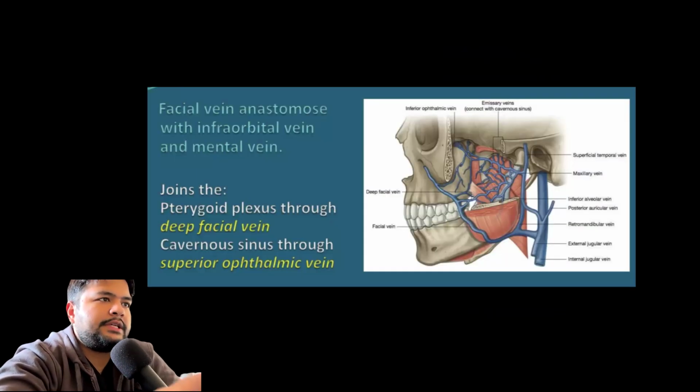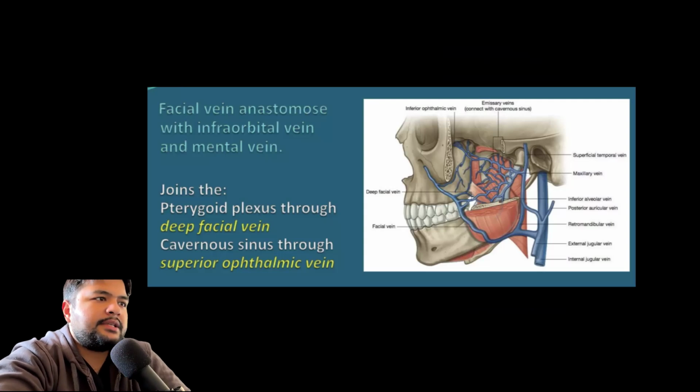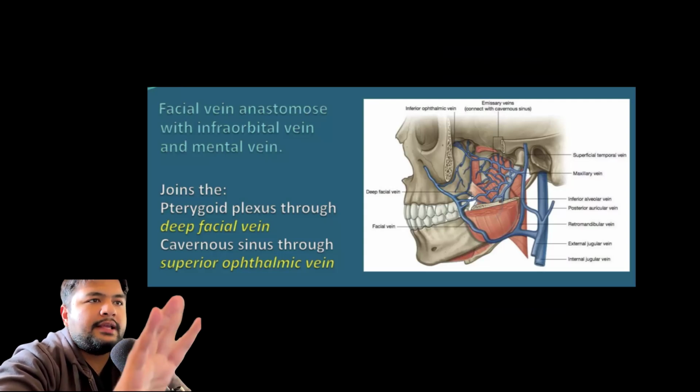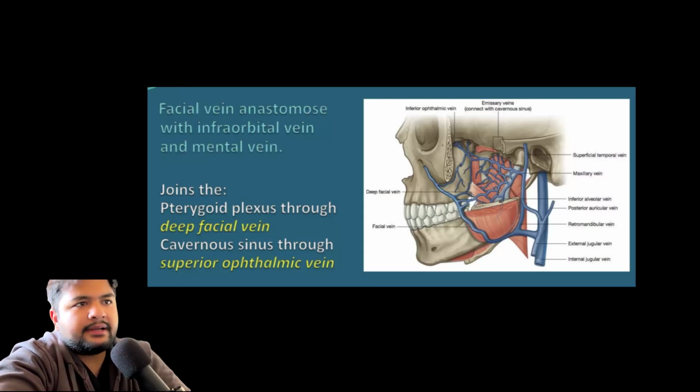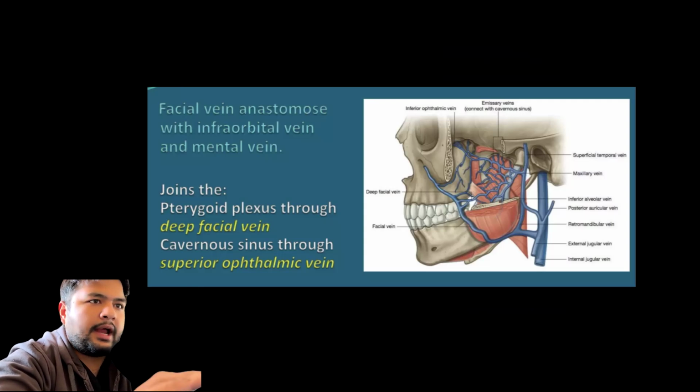The facial vein anastomoses with the infraorbital vein, the mental vein, and joins the pterygoid plexus via the deep facial vein, and the cavernous sinus via the superior ophthalmic vein. In this diagram, we have clearly dissected the masseter muscle, and the ramus of the mandible has been removed.